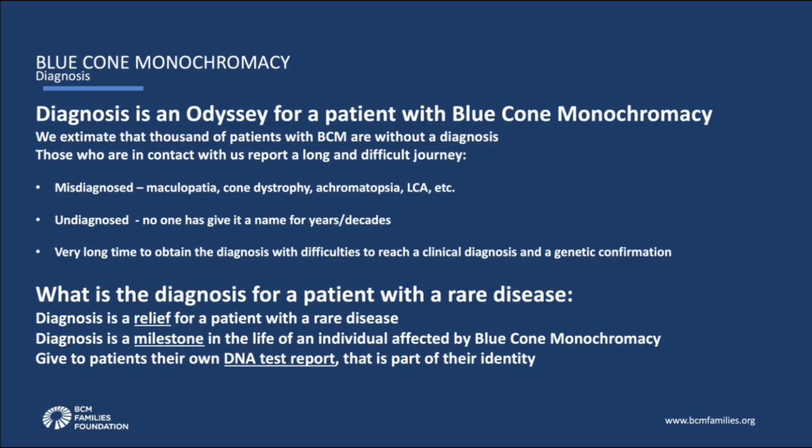Many of them arrived after a long story of misdiagnosis or a long period in which the disease was undiagnosed, and with a very long time in which they tried to obtain both the clinical diagnosis and the genetic confirmation.